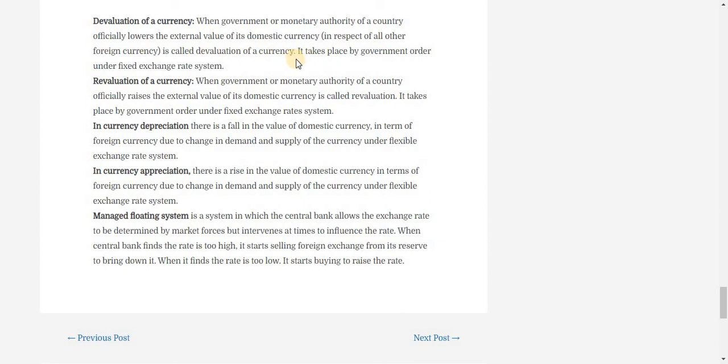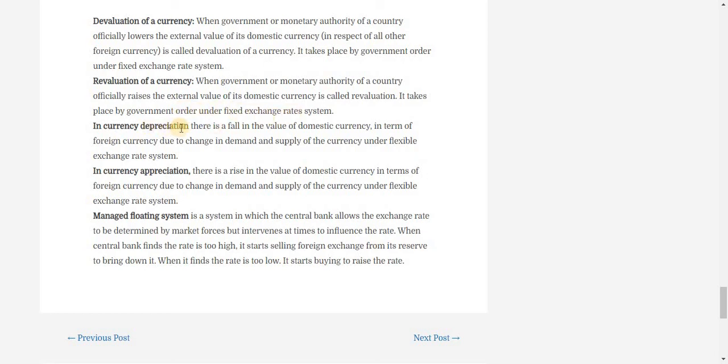It takes place by government order under a fixed exchange rate system. Revaluation of a currency. When the government or monetary authority of a country officially raises the external value of its domestic currency, it is called revaluation. It takes place by government order under a fixed exchange rate system.